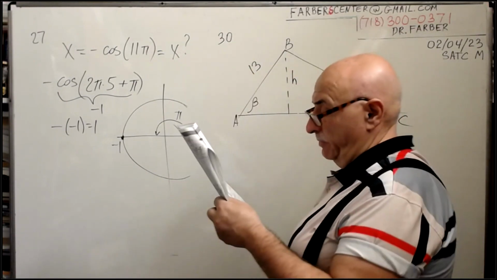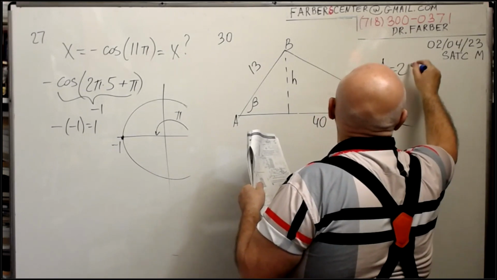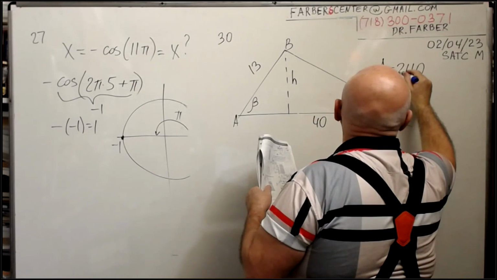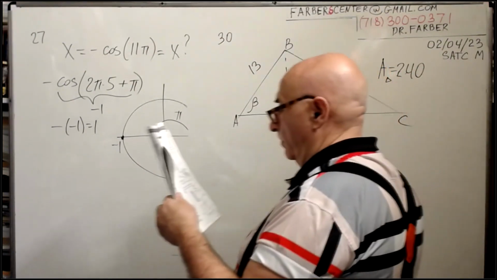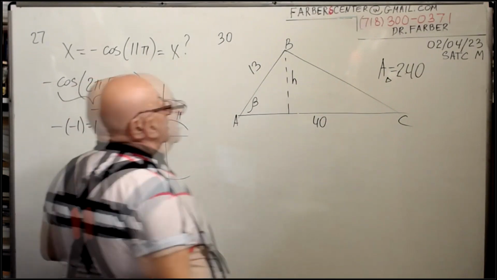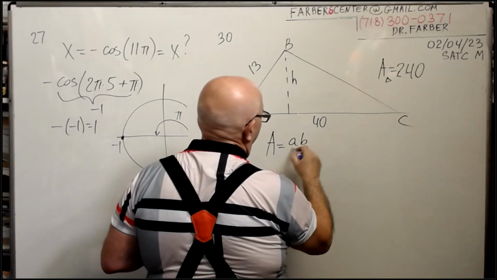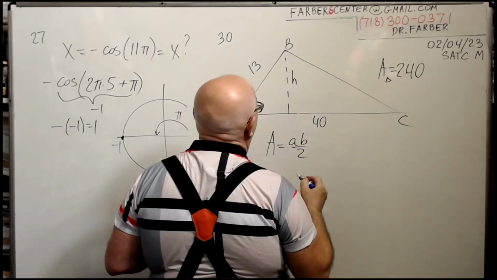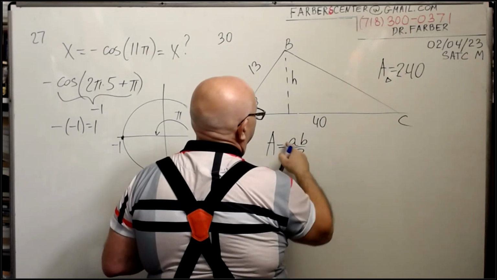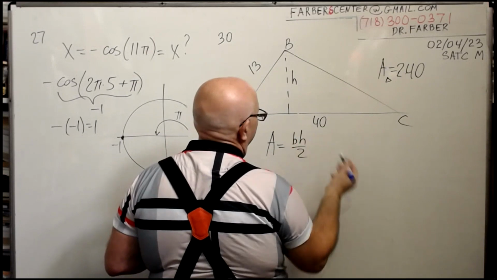So what we have here, the area of the triangle is 240 square units. Well, how to get the area of a triangle? Fourth grade. A times B over 2, or base times height.